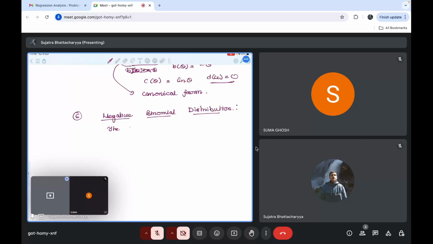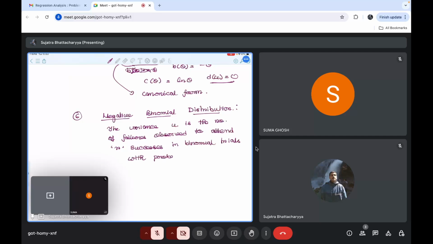The variable u is the number of failures observed to attain r successes in binomial trials with probability of success theta.